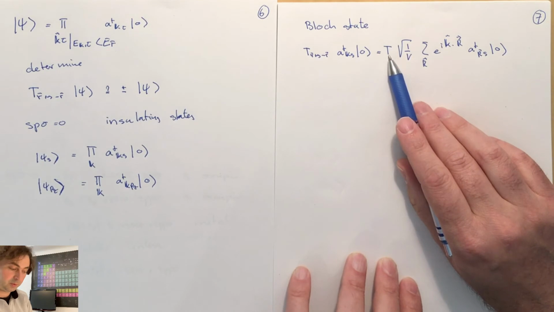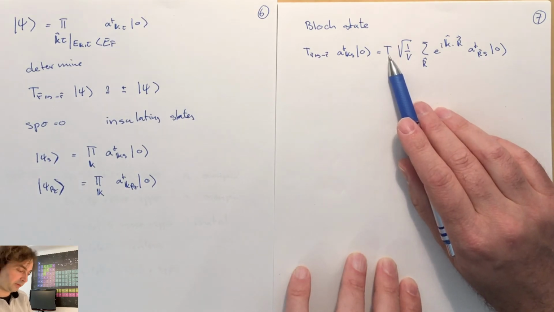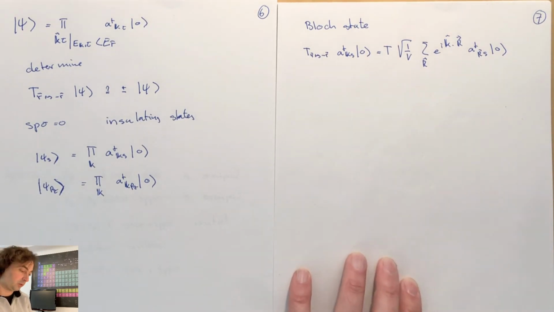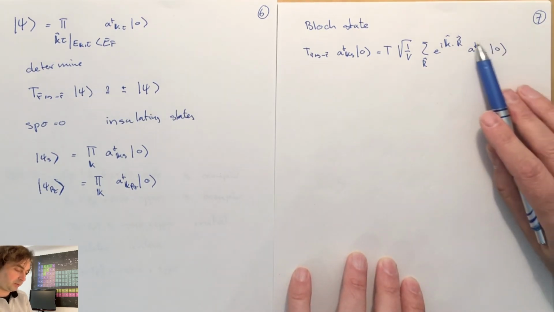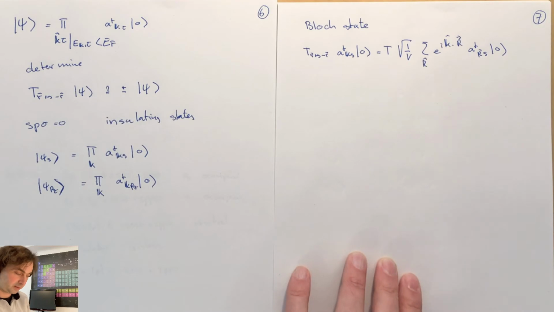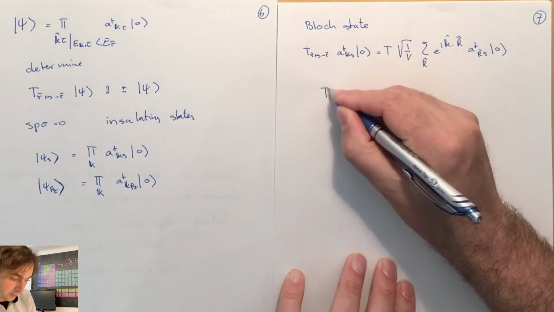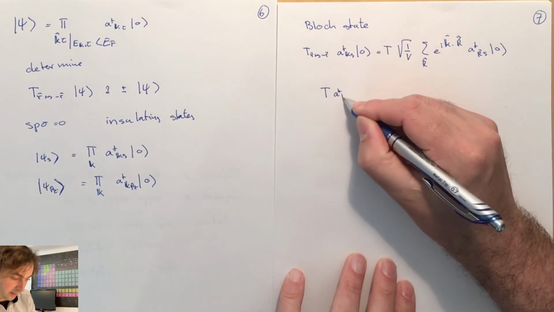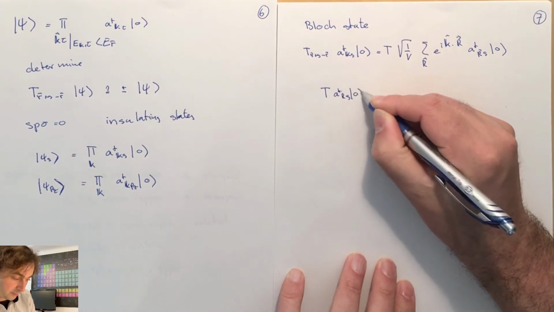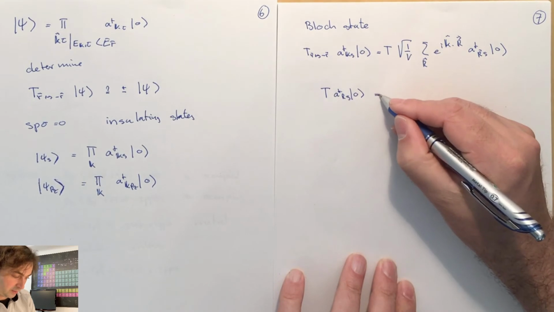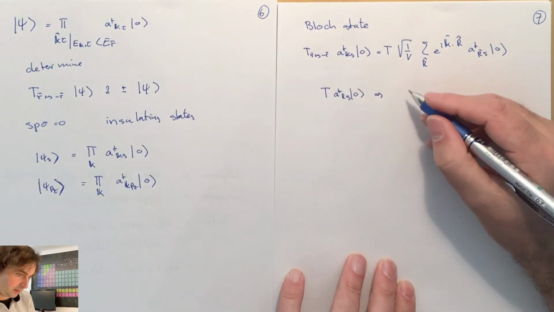And now we have to look at what your inversion operator is doing. The inversion operator acts on small r, so it's not going to do anything with my phase, but we have to see how the small r entered here in your local Wannier function. So let's see what the inversion operator acting on a†_{R,s} is.